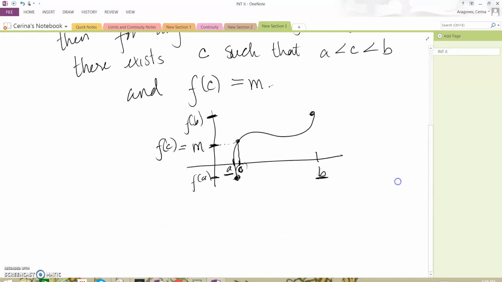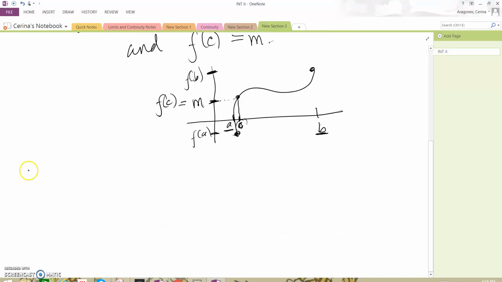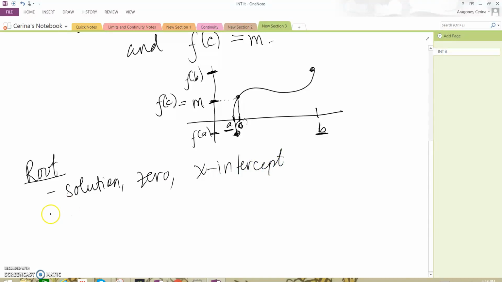So let's do an example, but first let's talk about what a root is. A root is also called a solution, a zero, or an x-intercept. These all mean the same thing. Essentially, a root is all your x values such that when I plug it into my function, I get 0.